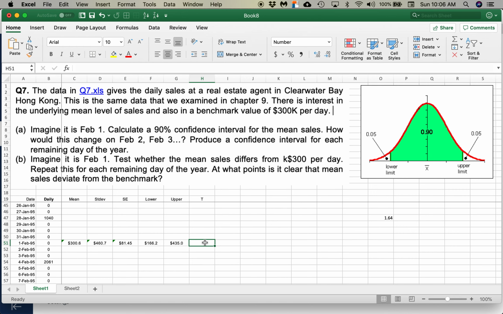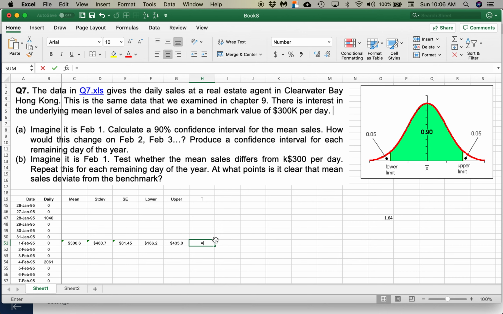Okay, let's look at the T statistic for this mean sales over here. We know that the T statistic is going to be equal to the mean minus the benchmark value divided by the standard error.